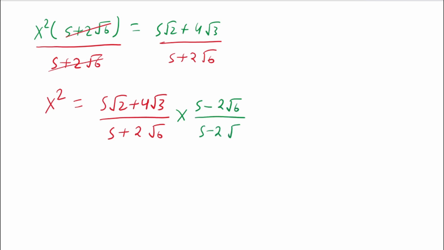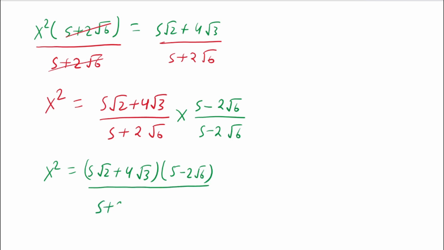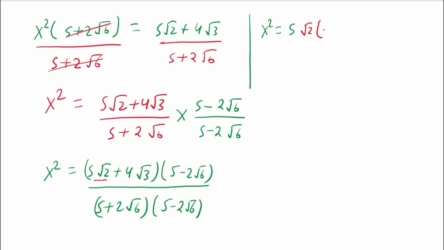then x square is equal to (5 times square root of 2 plus 4 times square root of 3) multiplied by (5 minus 2 times square root of 6), divided by (5 plus 2 times square root of 6) multiplied by (5 minus 2 times square root of 6). Here we distribute 5 times square root of 2 and 4 times square root of 3 over (5 minus 2 times square root of 6).